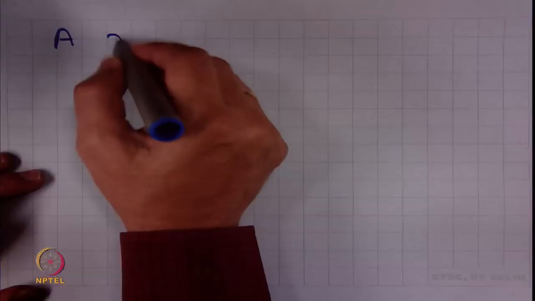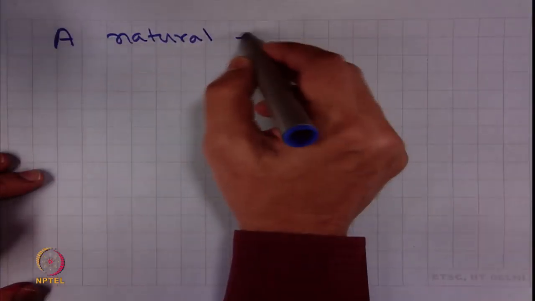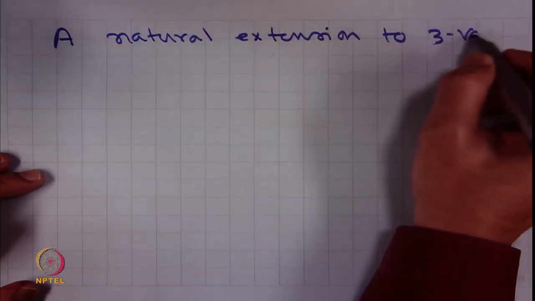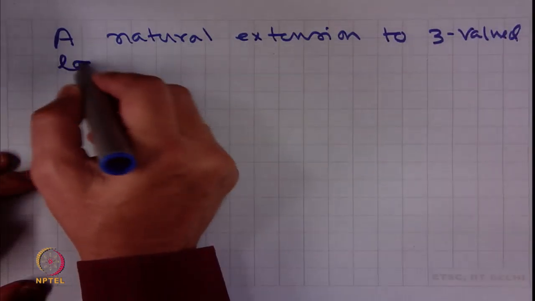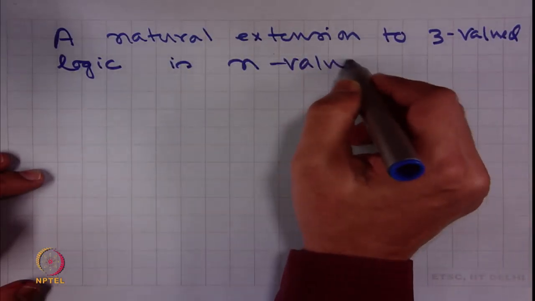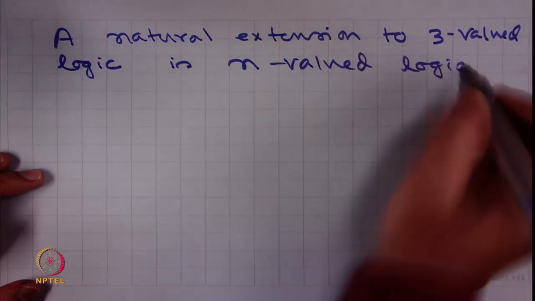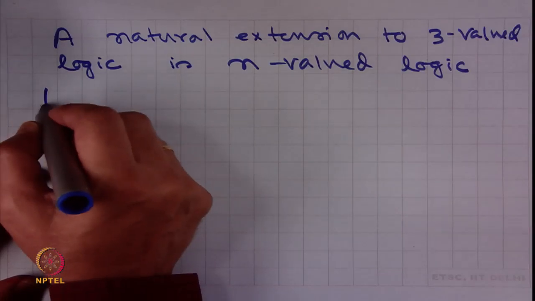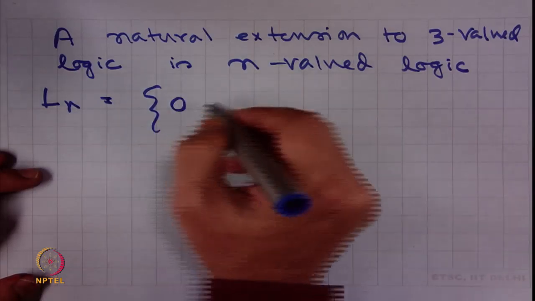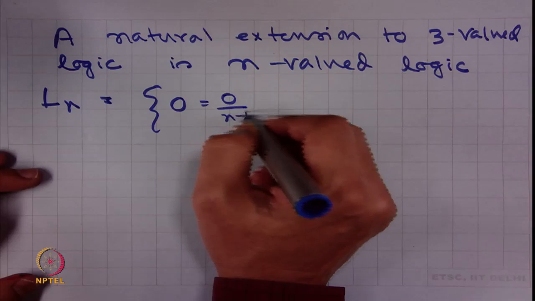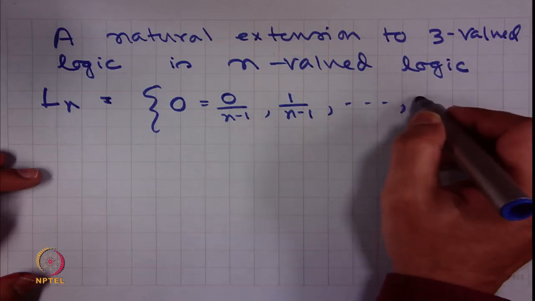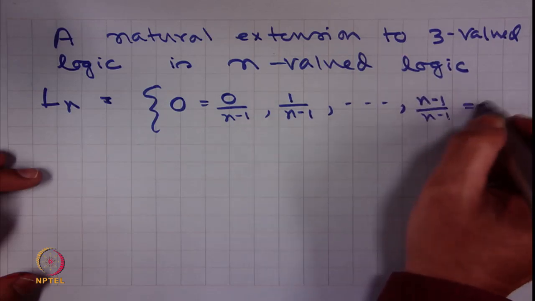A natural extension to 3-valued logic is n-valued logic, which is called L n, and the truth values are 0, which is equal to 0 upon n minus 1, comma 1 upon n minus 1, comma up to n minus 1 upon n minus 1, which is equal to 1.